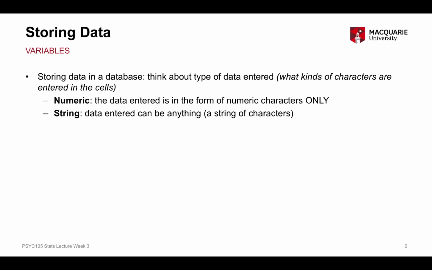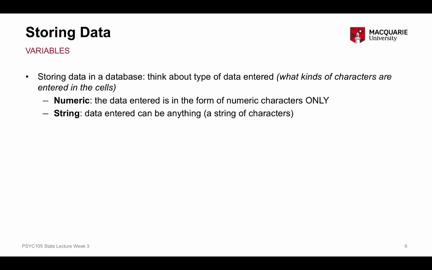So a numeric type variable is one where the only characters that are entered into the cells of the spreadsheet are numbers. They're numbers only. The other kind of variable is called a string variable, and a string variable is very flexible in terms of what you can store in the cell. With string variables, you can store anything in the cells. They can be letters, numbers, characters, symbols, spaces, quotes, anything that you want.